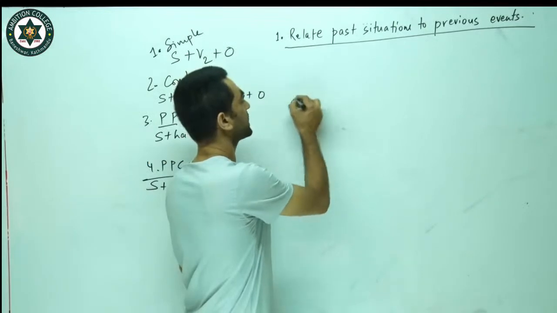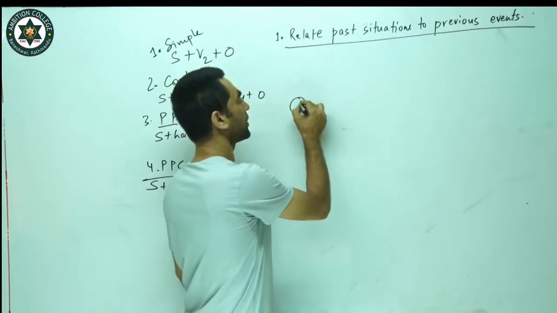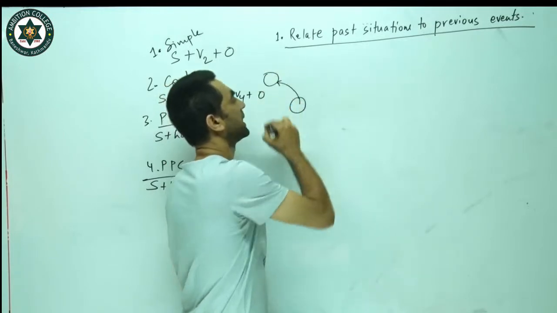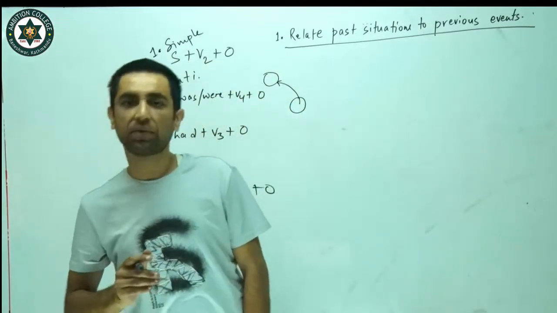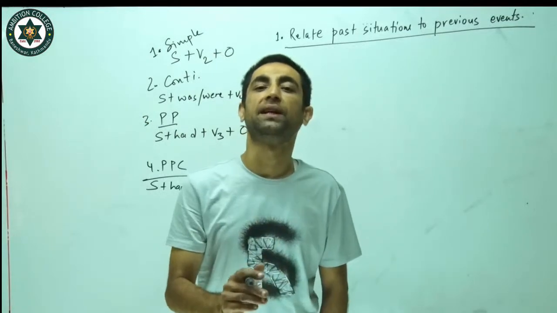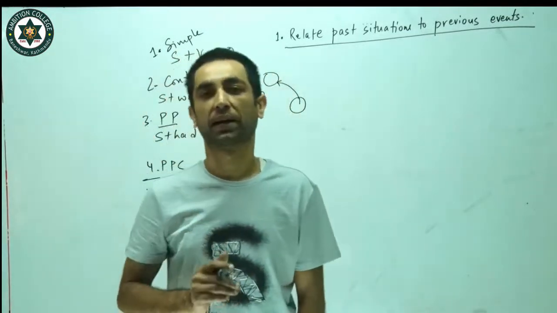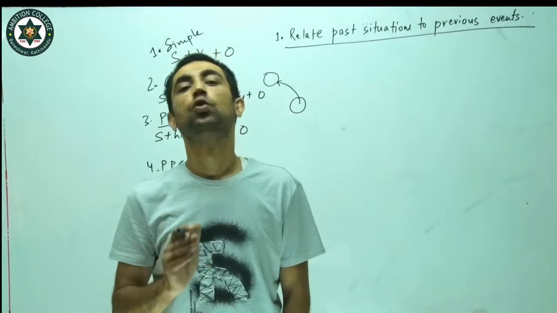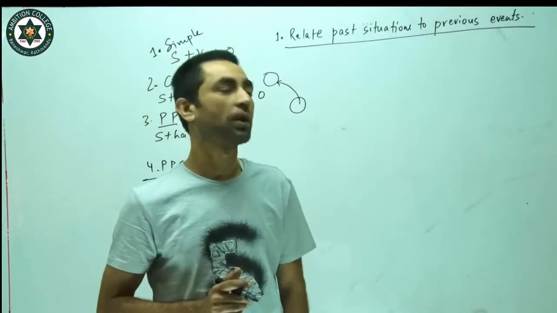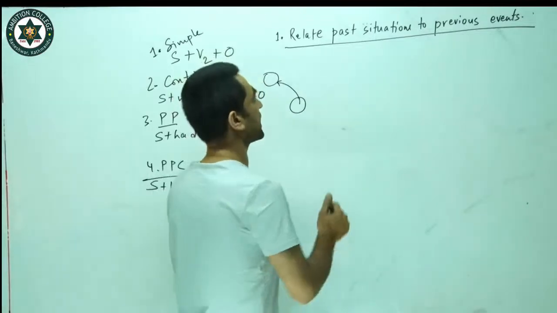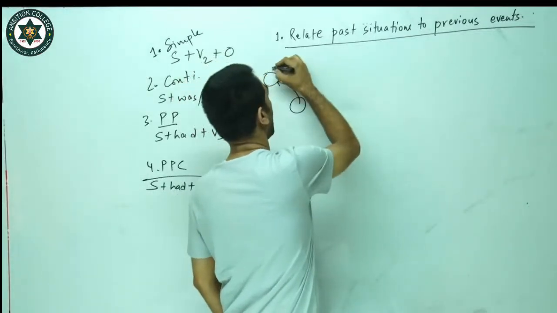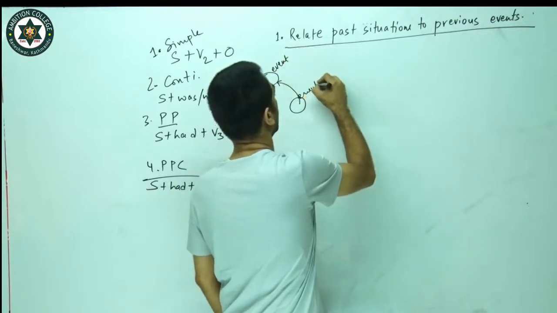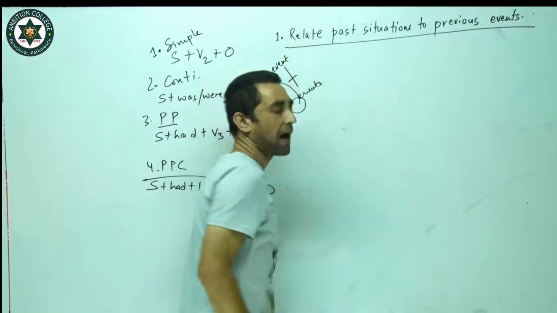We have the situation, and now we are going to relate this situation with the preceding event. One event is related to its predecessor event, or say one event is related to the other event of the past. So here basically what we are doing is relating two different events of the past.